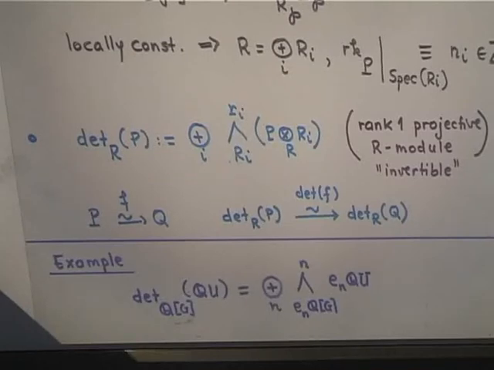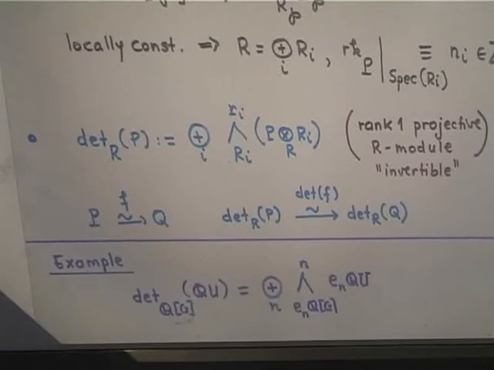So at each i I take the top exterior power. This means that at each i I get a rank 1 projective module over Ri. So overall, when I take the direct sum, I get a rank 1 projective module over capital R, and that's the determinant. This is also called an invertible module, right?